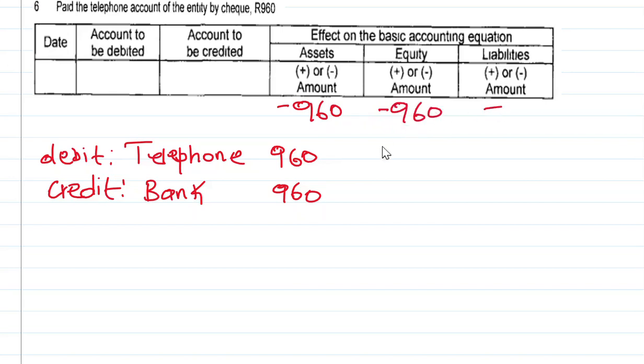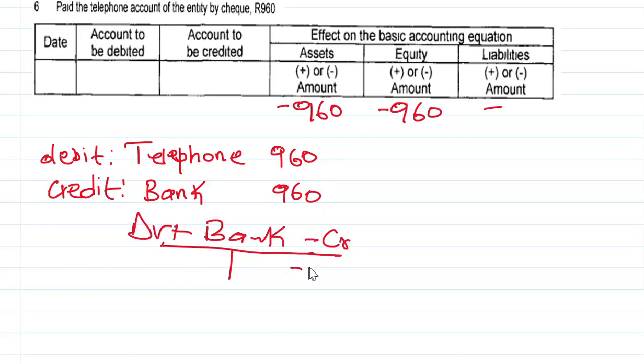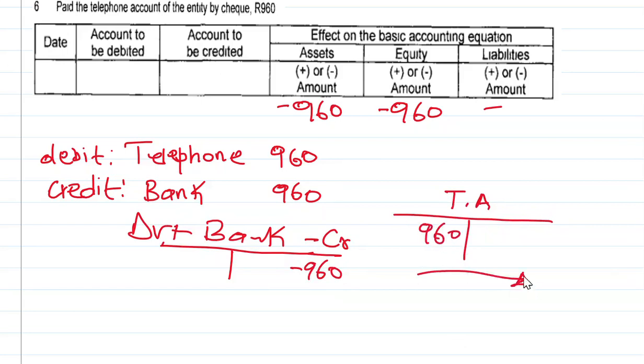Then if we were told to open up the account, we're gonna say bank, debit and credit. So this is a plus, the minus, so the minus will be on this side. Telephone account 960. Done.